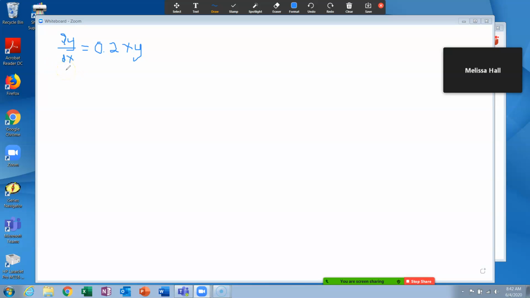Back in Cal 1? Derivative? Yeah, it's a derivative, and it represents the slope of a tangent line at any point, right? That's what change of y over change of x is, a slope. Delta y over delta x. That is a slope. Now, pick a point, any point.